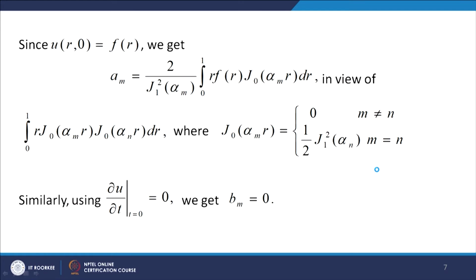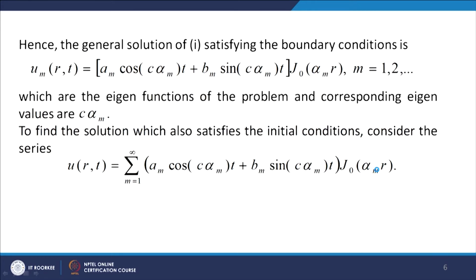Putting t equal to 0, U(r,0) equal to sigma m equal to 1 to infinity am times J0(alpha m r).